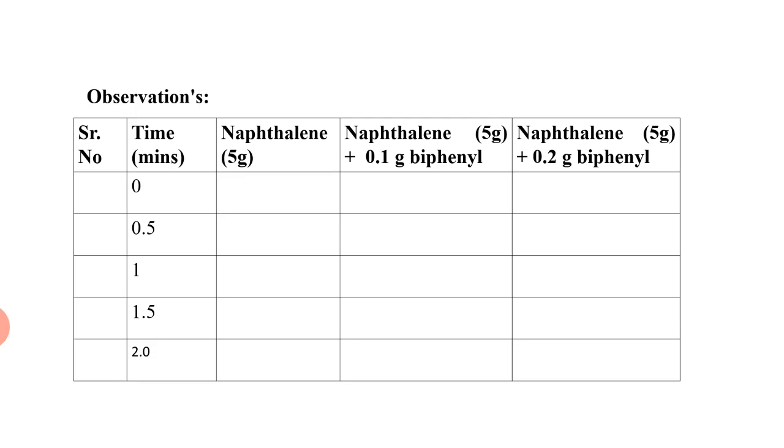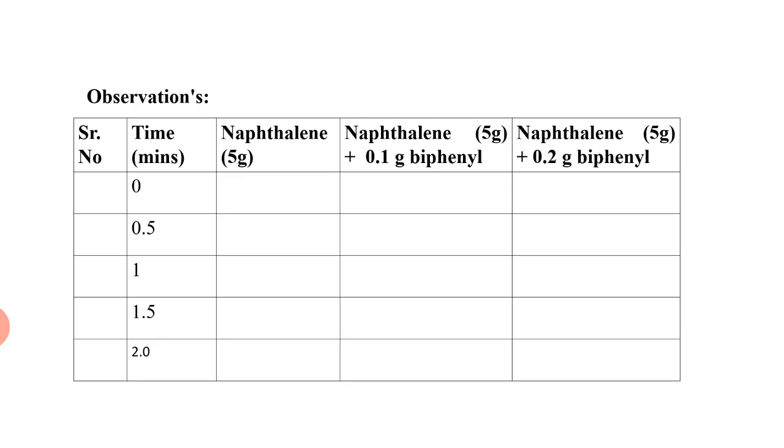The first experiment is done with pure naphthalene. In the second one, we add a non-volatile solute like biphenyl. As we very well know, when a non-volatile solute is added to the solvent, its vapor pressure decreases. As a consequence, the boiling point increases and the freezing point decreases.